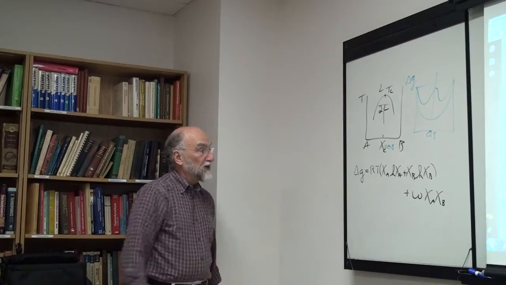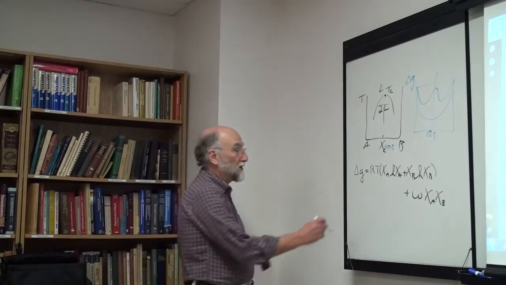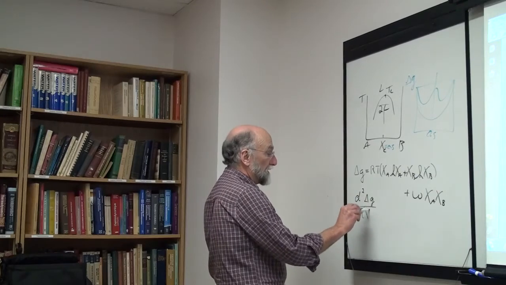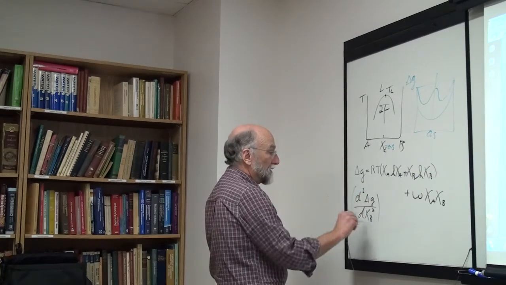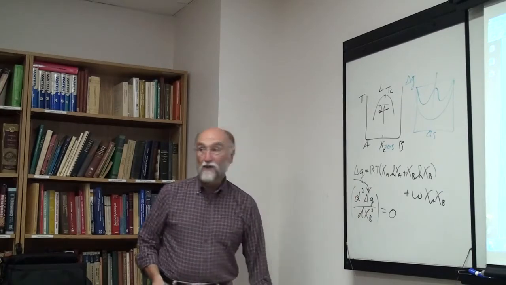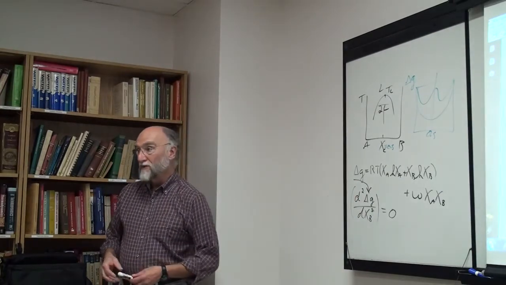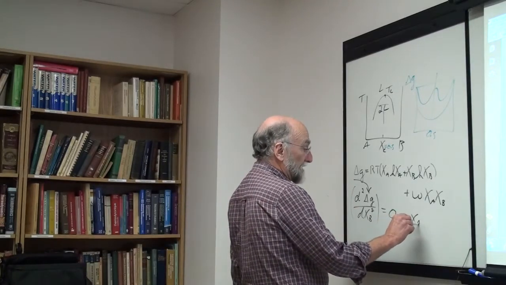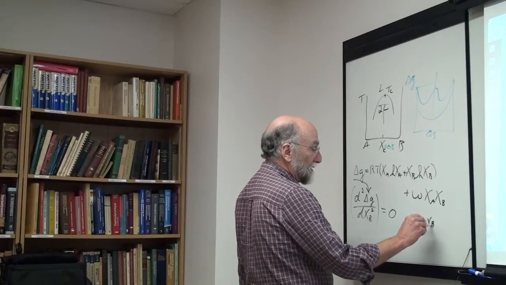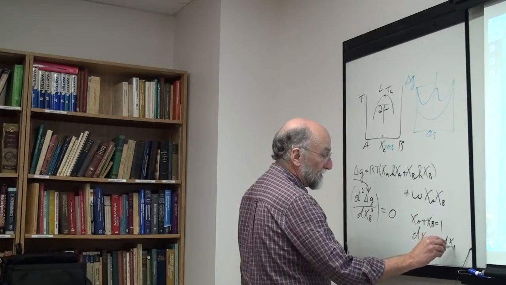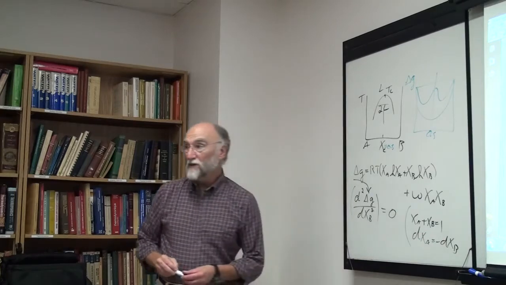You take this as your Gibbs energy expression, and you simply want to say the second derivative of delta G with respect to, let's say, xb squared equals 0. Plug this equation into that equation, set it equal to 0, and solve. Remember when you're doing the differentiation that xa plus xb equals 1, and therefore dxa equals minus dxb.